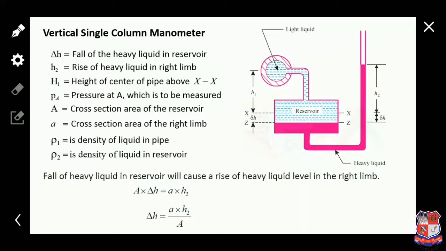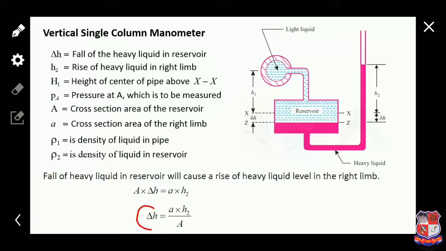So delta H is a very small fall of heavy liquid in the left side. Then we have to get the rise of heavy liquid in the right side, an amount H2. So the relation is: the cross-section area of the reservoir, capital A, times the small fall delta H, is equal to the cross-section area of the right glass tube, small a, times the rise H2 of liquid due to the delta H fall.